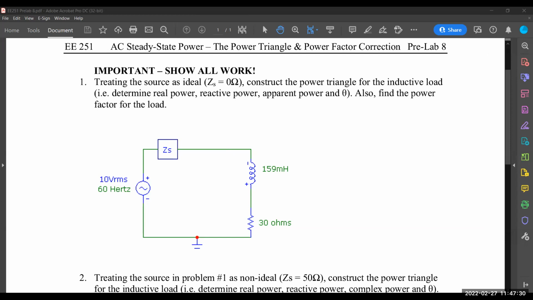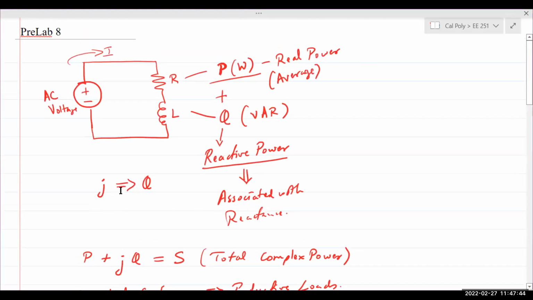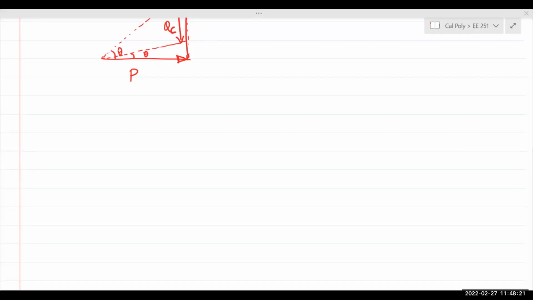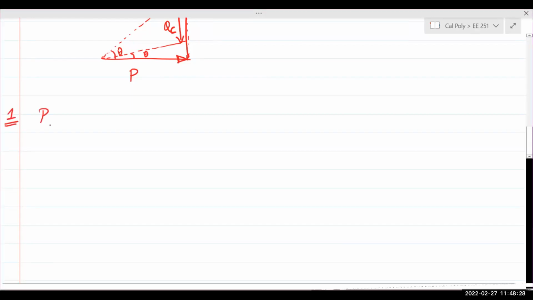As I was saying, the question is to find the real power P, reactive power Q, apparent power, which is the magnitude of S, the phase angle for the power triangle, which is theta, and of course, the power factor.